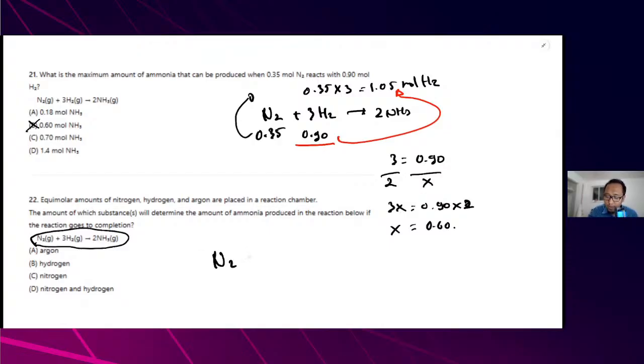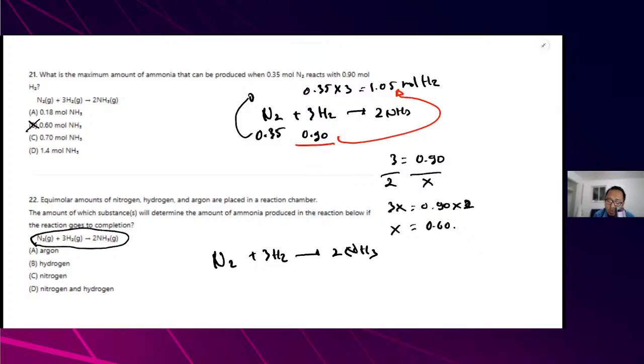However, remember those compounds have different coefficients. And remember again that argon is a noble gas and does not react. So the actual limiting factor depends on the reactive species, whether N2 or H2.